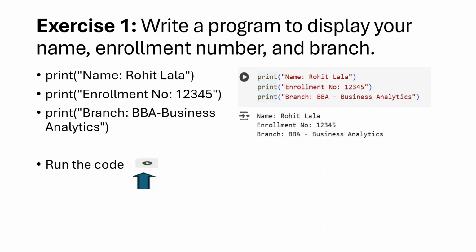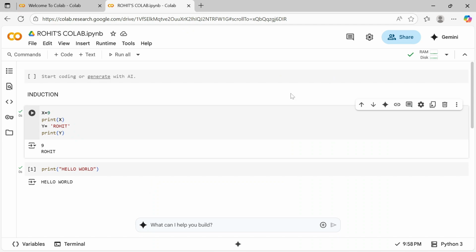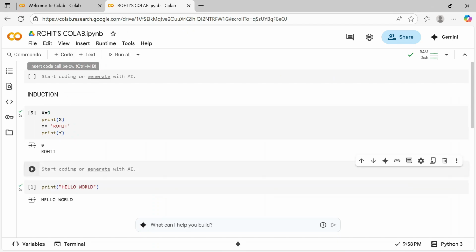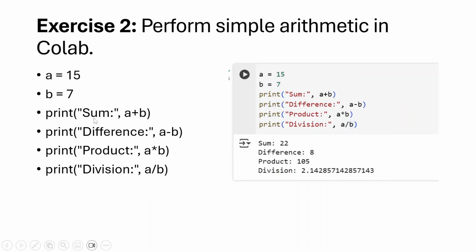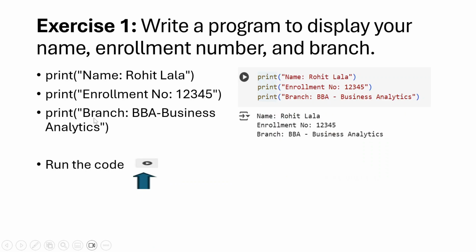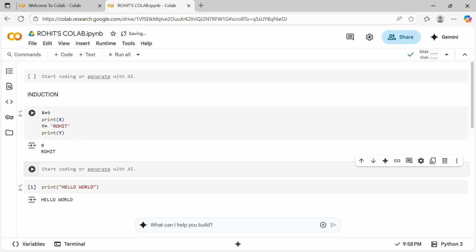Just doing a small exercise, and we are trying to assign a kind of a name, enrollment number, and branch. So I am just creating a new code here, where I am assigning my name as Rohit Lala, my enrollment number I am just taking a kind of 1, 2, 3, 4, 5, and yes, I am giving a branch that is BBA Business Analytics.